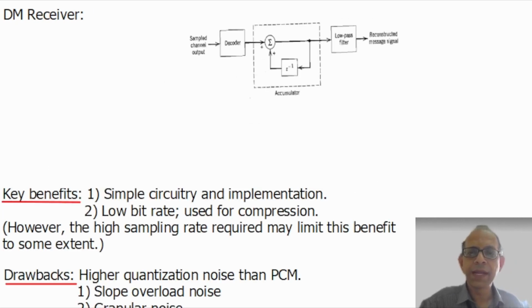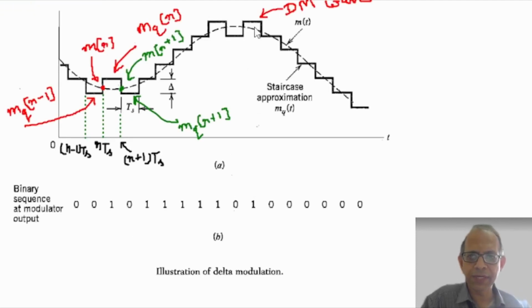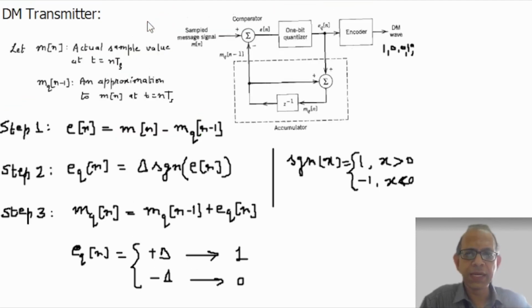Similarly, at the receiving end, this 1, 0, 0, 1, 0, whatever was transmitted, is received and decoded, so that we get eq[n] back here. And to eq[n], if we add mq[n-1], we get mq[n] here, and mq[n] is nothing but the staircase function as we see here.